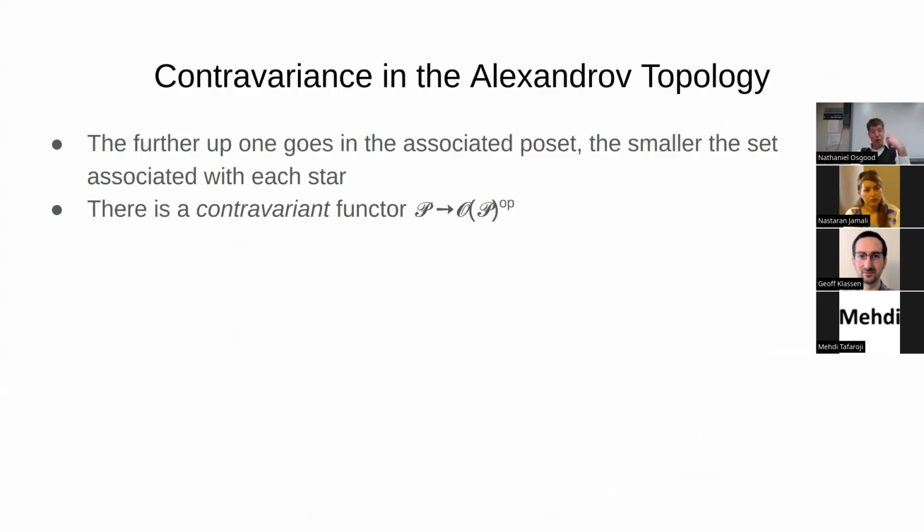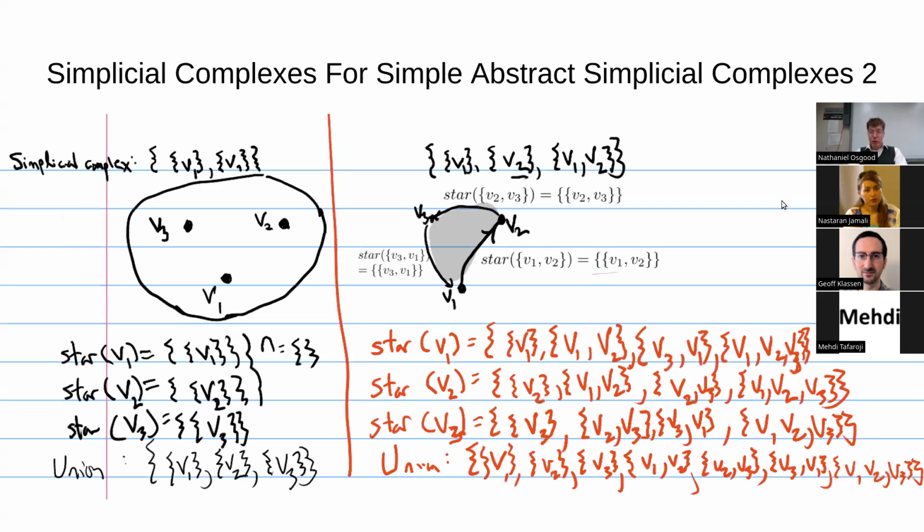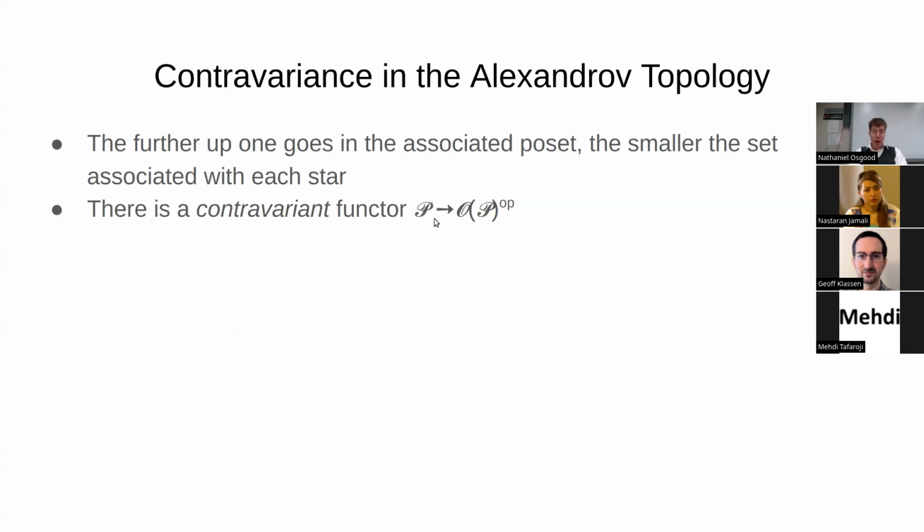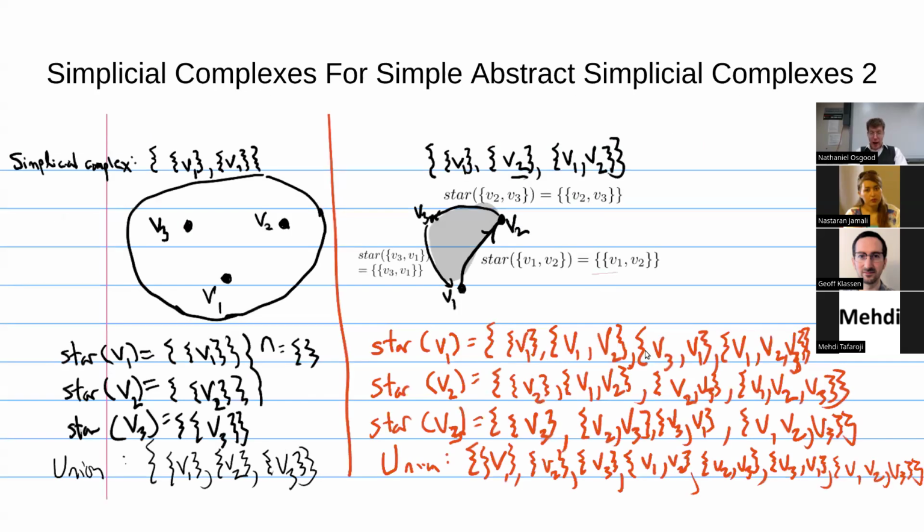As you might expect, and as you probably would have read in Rosiek, there's some contravariance involved. So we can think of the poset, or the preorder, for an abstract simplicial complex looking like this. And there's a functor from this poset into the topology associated with that poset, whose basis elements are given by these stars and by their union.